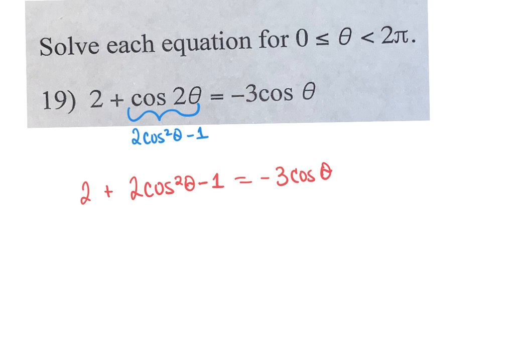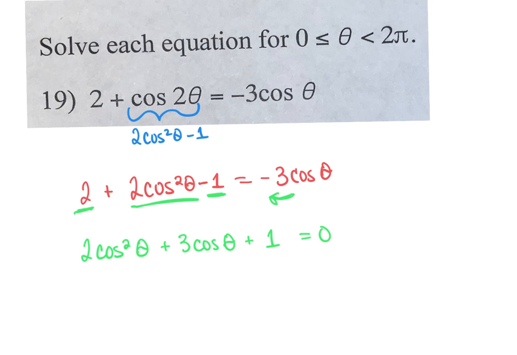I really want to solve this by factoring, so I'm going to move that 3 cosine theta over, okay? So I'm going to take this and move it over to the other side, and I'm going to rearrange this. I'm going to put this first, 2 cosine squared of theta, and then I'm going to combine my 2 and my negative 1. So that's just going to be 1. So move this 3 over, so plus 3 cosine of theta equals 0.